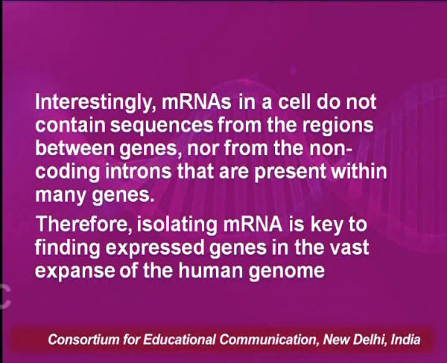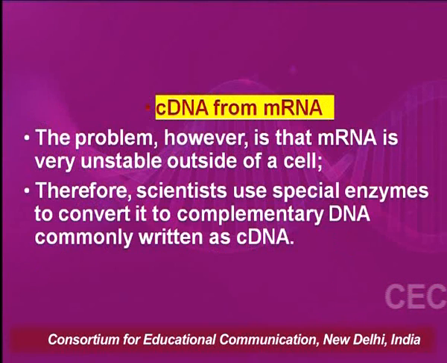But this mRNA does not contain certain sequences from the regions. It is good that the introns have been removed, but the problem is that it is available in the cell for a very short time, meaning it is unstable outside a cell.